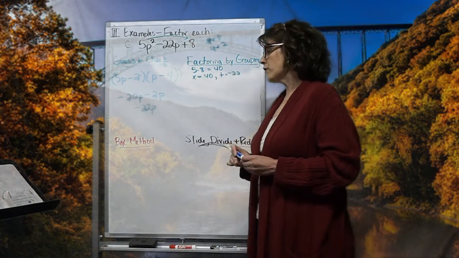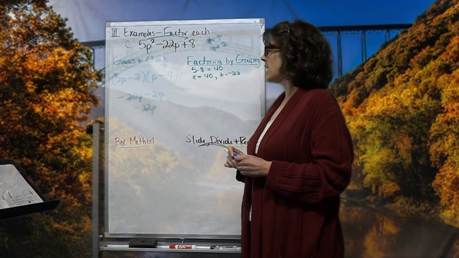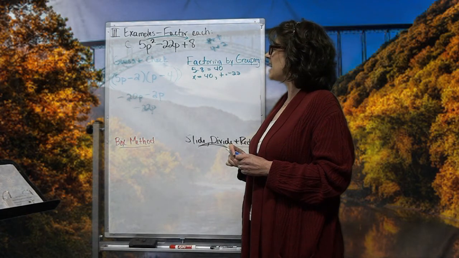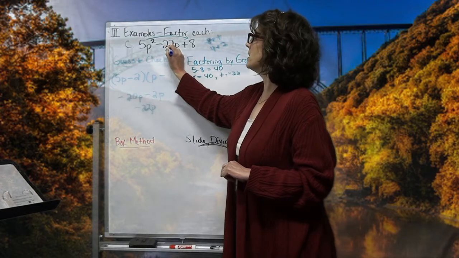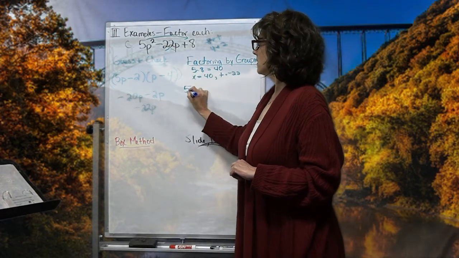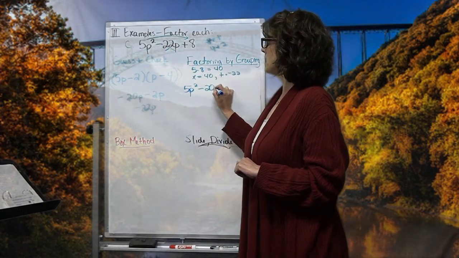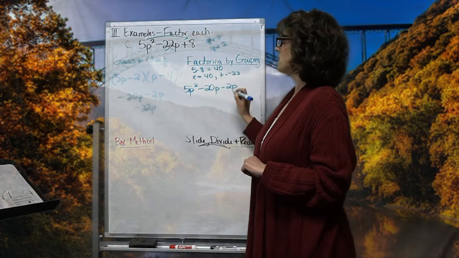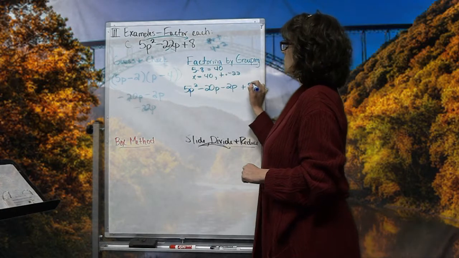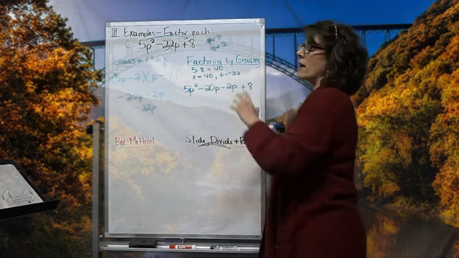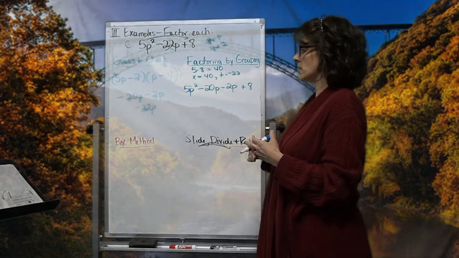So multiply for 40 and add for 22, that is going to be a 20 and a 2. So that means I'm going to split this up as a negative 20p and a negative 2p. Because remember, I want these two to combine to be the middle term. It's just this multiplication here allowed us to figure out what number combinations to get.